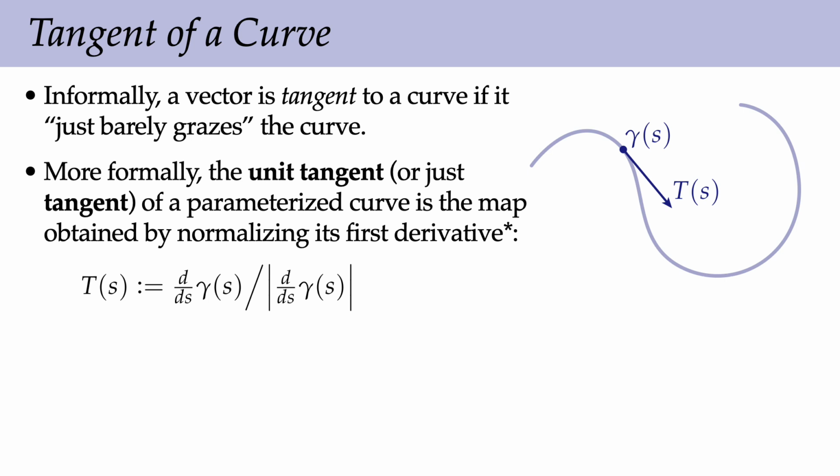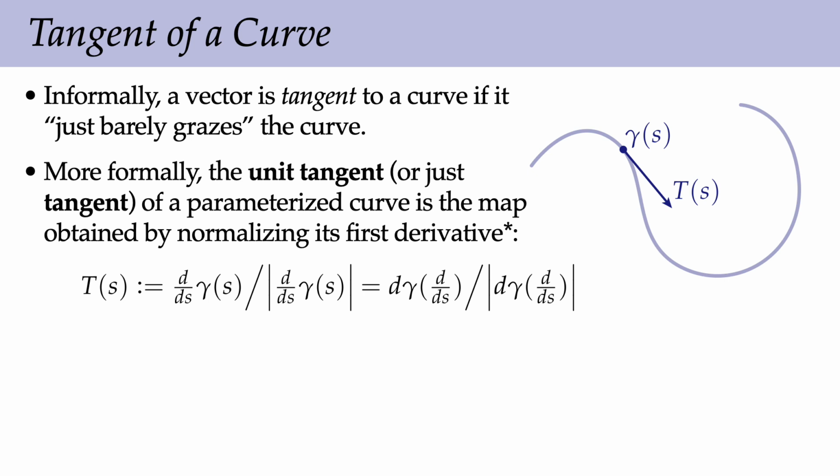Okay? We can, of course, still relate these two quantities by saying, well, the tangent can be expressed by taking a unit vector on the domain, d/ds, right? Just the kind of basis vector along the s direction, applying the one form d gamma to it, so pushing this vector forward into the plane, and then normalizing it.